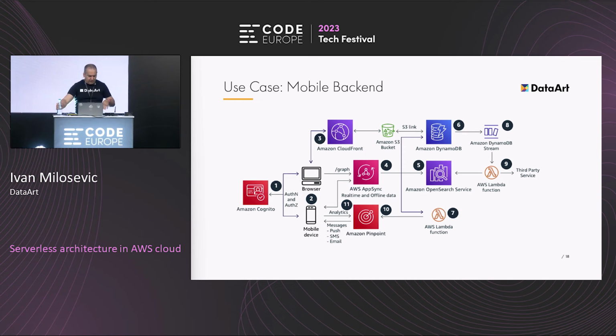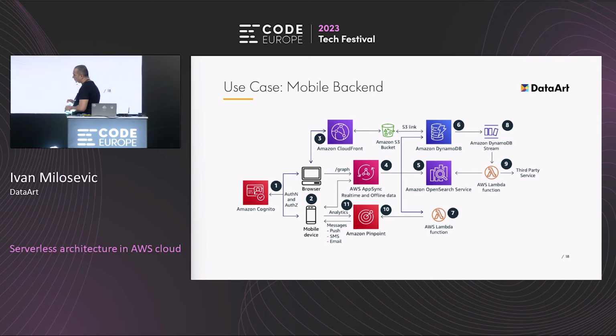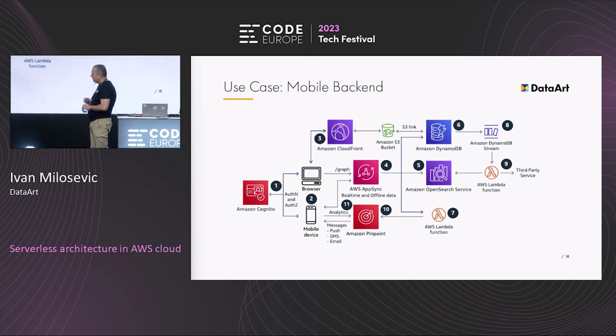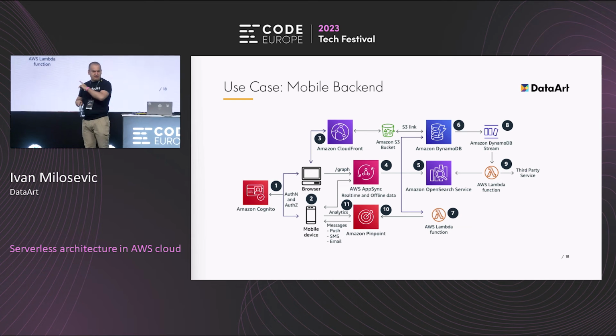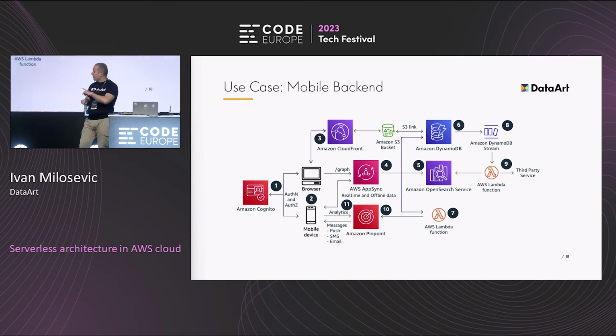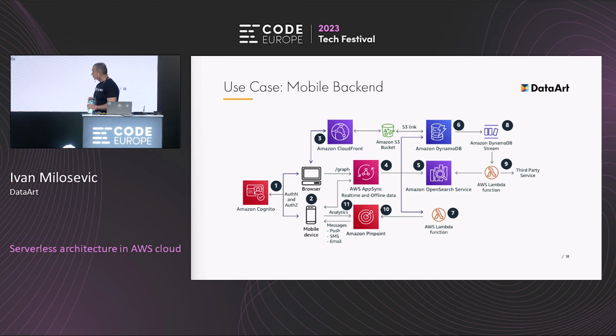And finally, mobile backends. Like with any other application, like with a web application, at the very beginning there is the famous Cognito. Cognito, again, does pretty much the same.